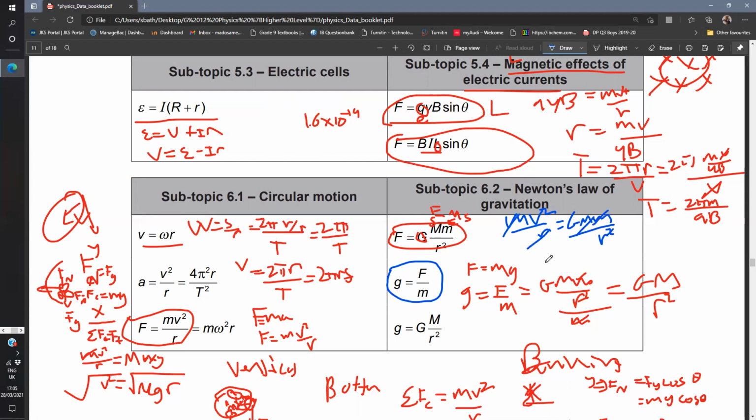Sorry, we cancel this. So v squared is equal to GM over r, square root. That's equal to v. And then we also have another orbital that we're going to take in chapter 10. So keep this in mind.